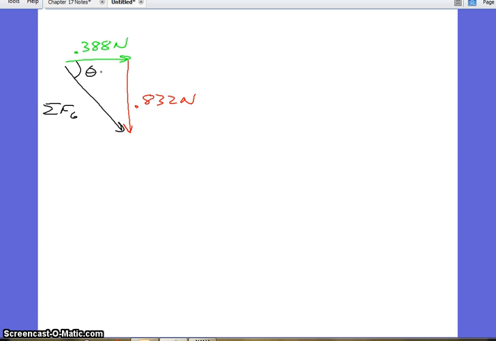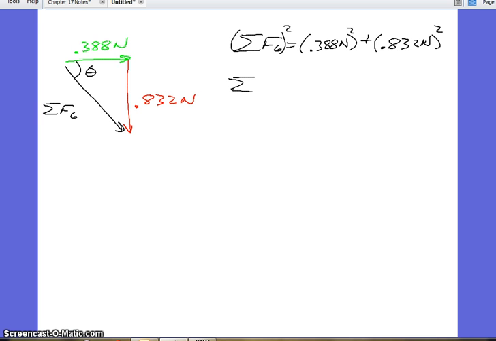Whenever you find a force, unless it specifies otherwise, you always want an angle. So find that total force on charge 6 using the Pythagorean theorem. So total force squared is equal to the sum of the sides squared. And so we get the total force on charge 6 comes out to be 0.918 newtons.